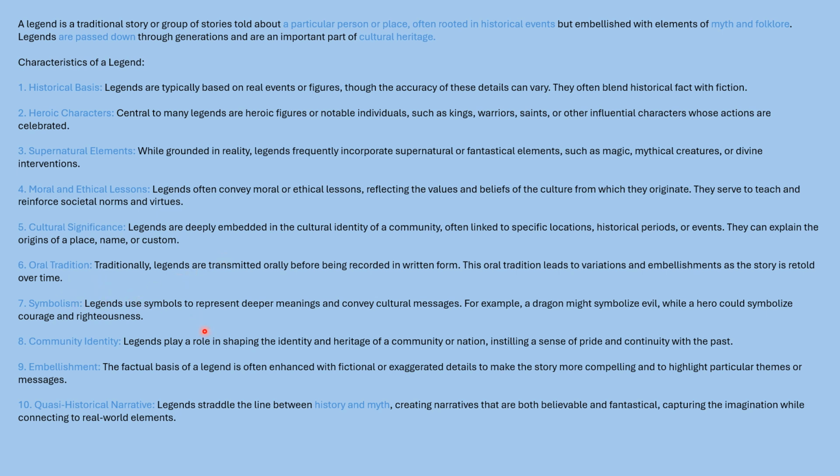Again, there's symbolism, the stress on the community. And yes, certain elements of the history are exaggerated to make them a compelling story. So it's this exciting combination of telling history in a magical way that makes the heroes seem all powerful as well.